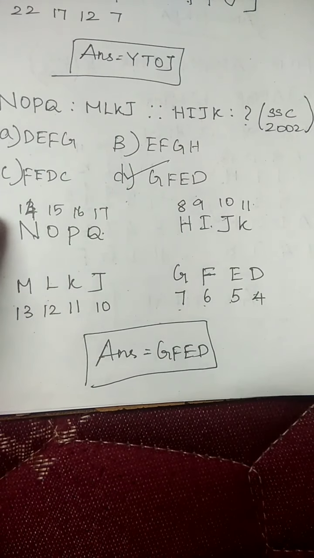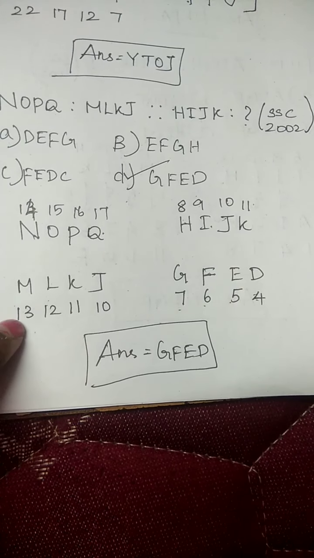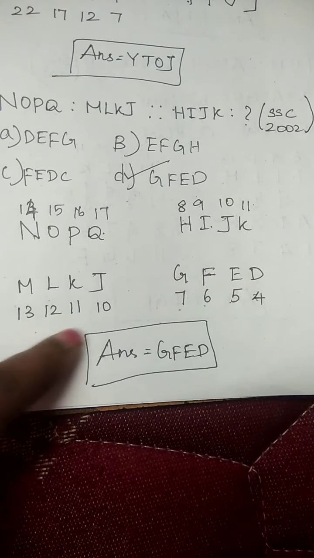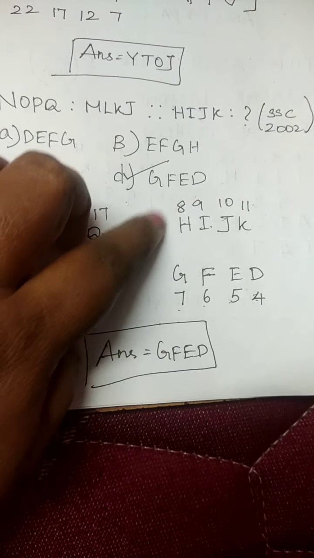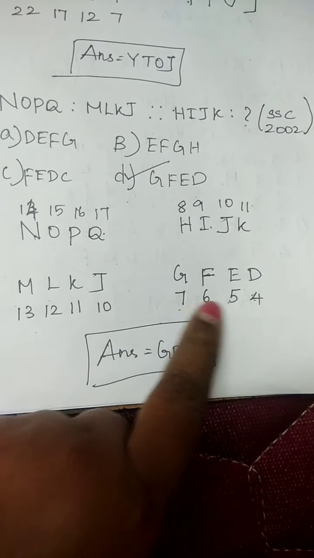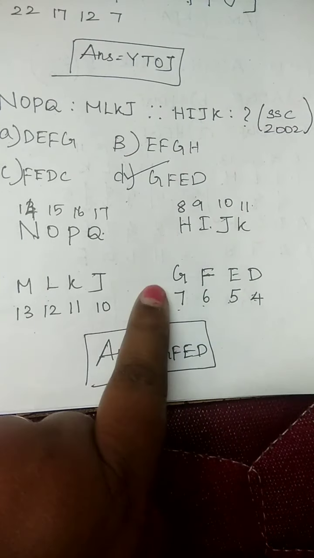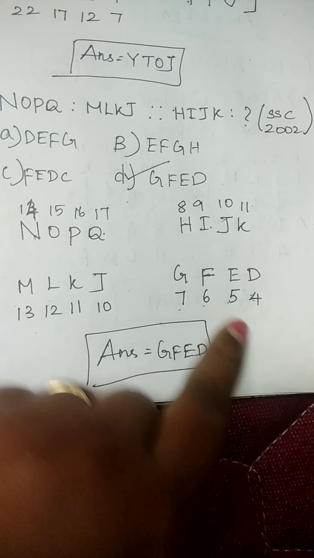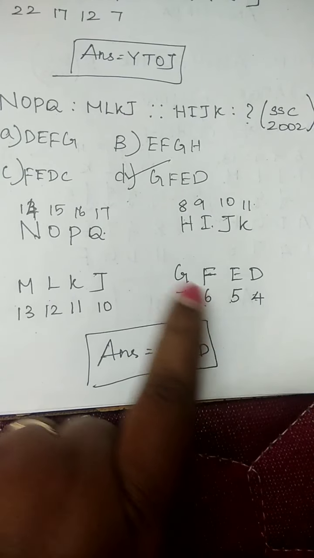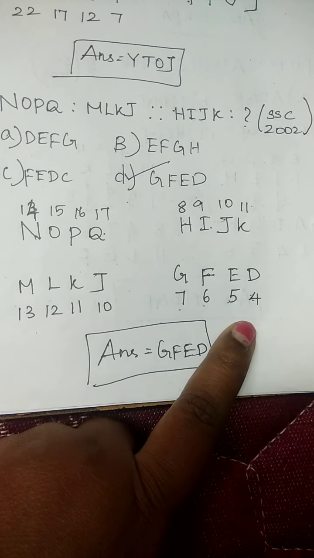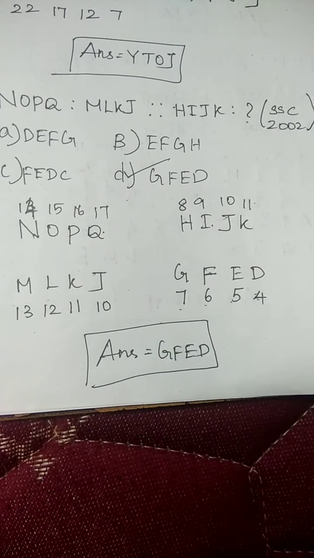Here it was 14, 13, 12, 11, 10 in decreasing order. So I have written here 7, 6, 5, 4 in decreasing or reversal order. 8, 7, 6, 5, 4. So G, F, E, D. Compared with the numbers along with the alphabets, G, F, E, D is the answer. This is also an easy sum.